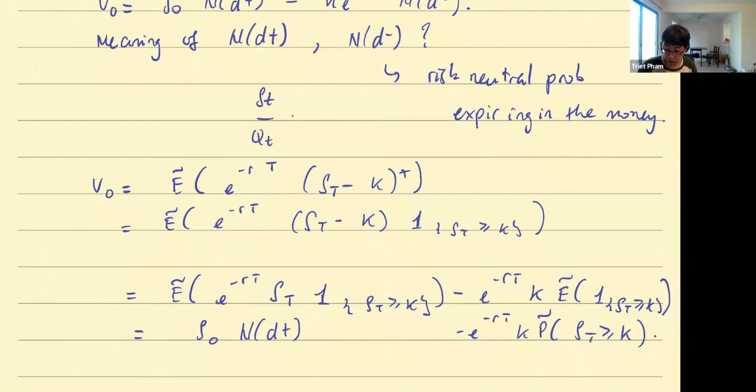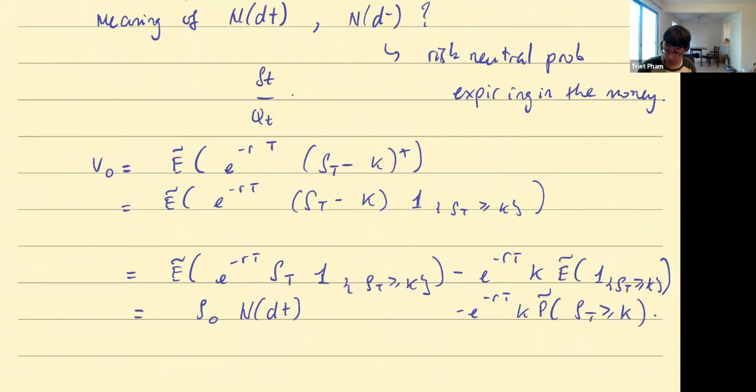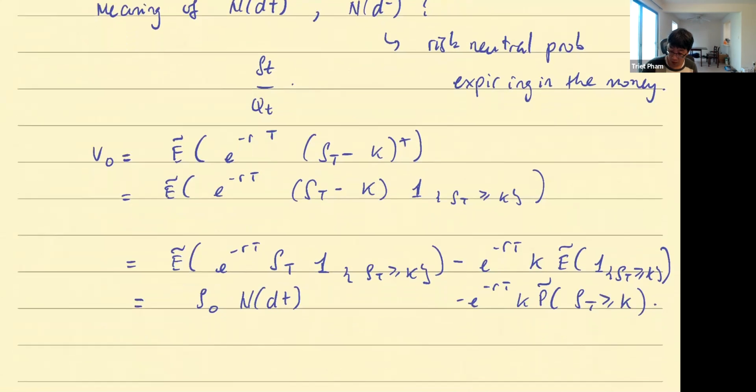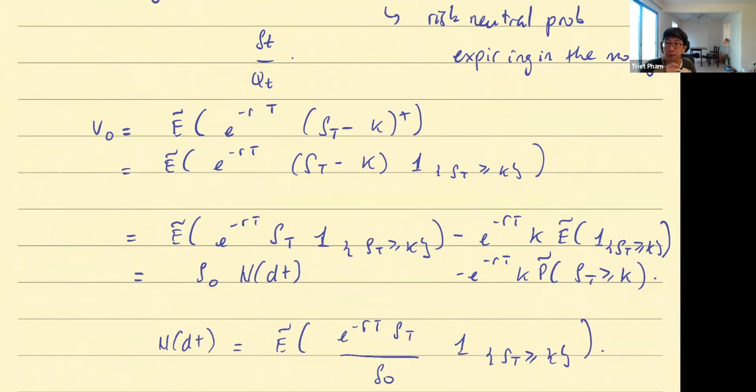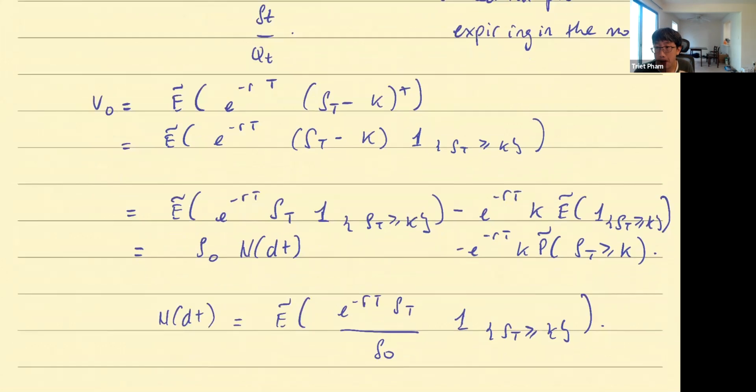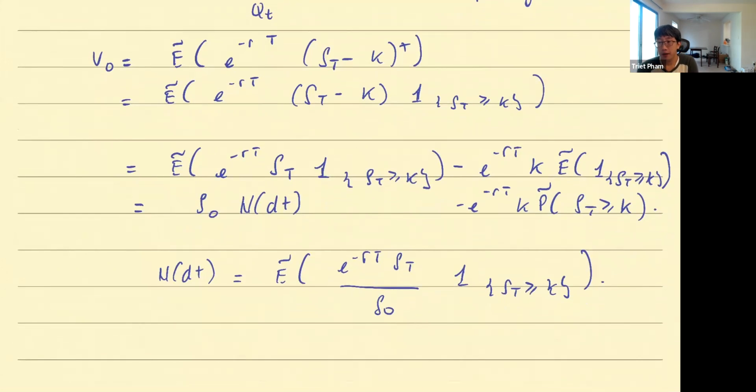Because that's the Black-Scholes formula. So you can deduce this much, that ND plus must be this. Now tell me, can you interpret ND plus now?